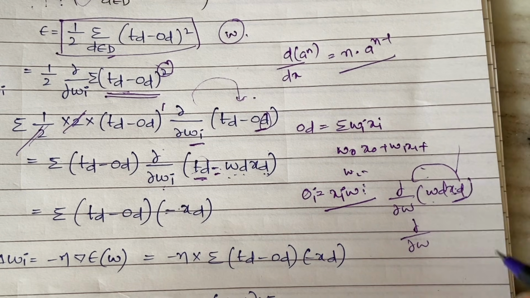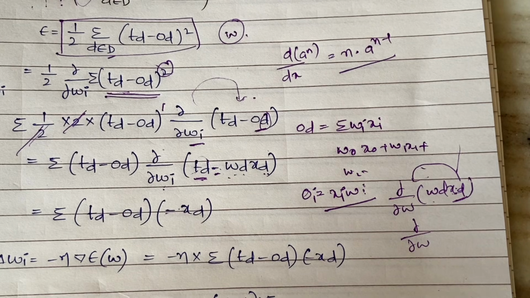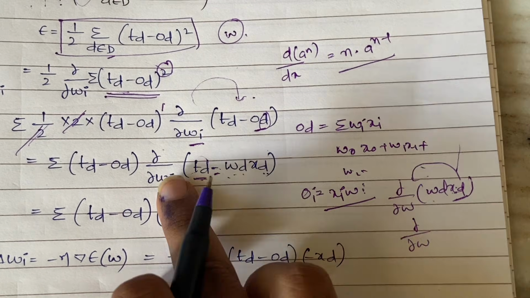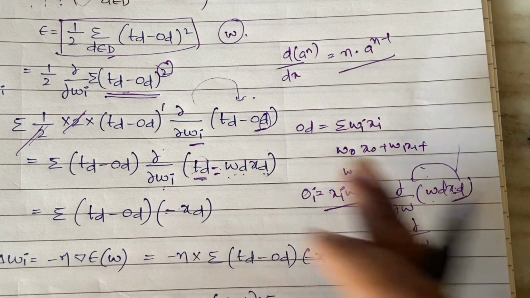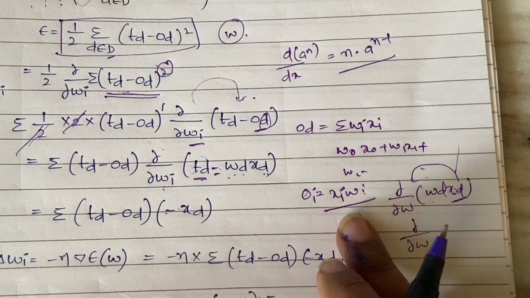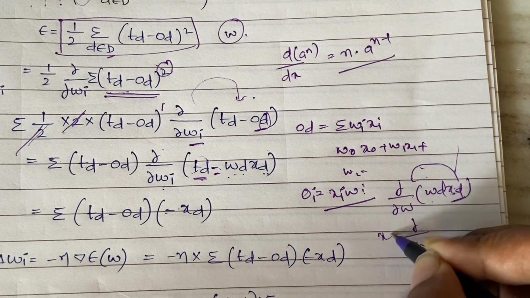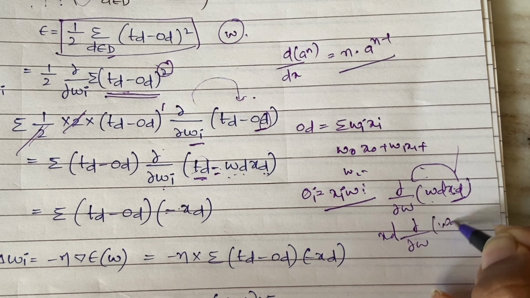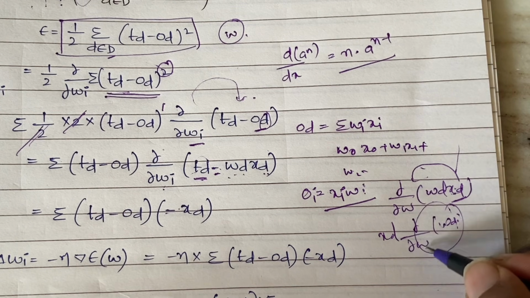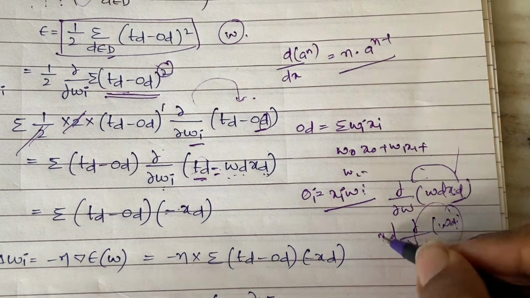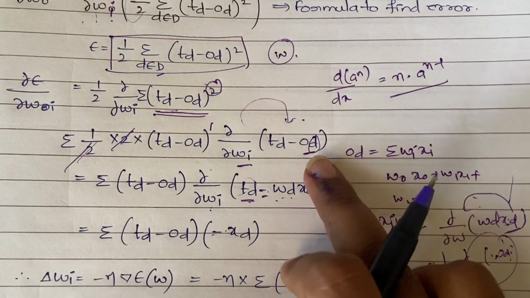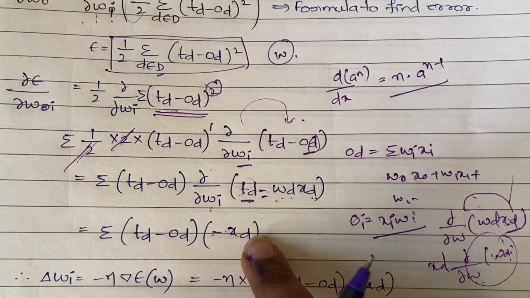And again, as I said, the derivative of a constant is 0. Why bring it out here? Because it is not being added or subtracted, it is being multiplied, right? So you need to bring it out as a constant. Then you get xd, and d by dw of wd you'll obviously get 1, because you are differentiating with respect to w and here also you have w, so you'll be left with xd, right? And since you already have the negative symbol, you'll get negative xd.